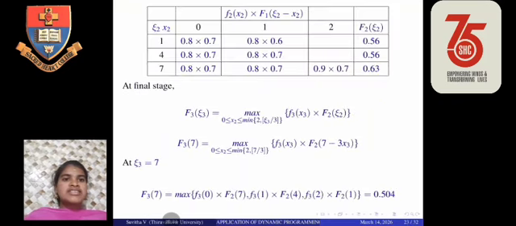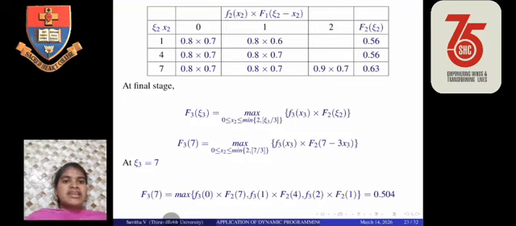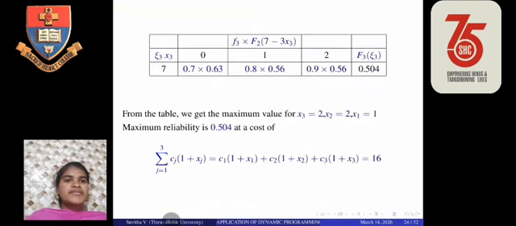At the final stage, if we substitute k equal to 3 in the equation, we get f3 of 7 equal to maximum of f3 of x3 times f2 of 7 minus 3x3. At the value of psi3 equal to 7, we get the value 0.504. From the table, we get the maximum value for x3, x2 and x1.